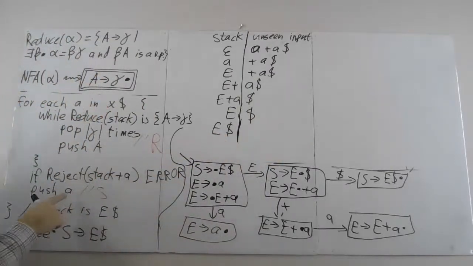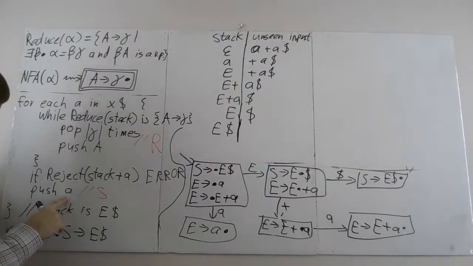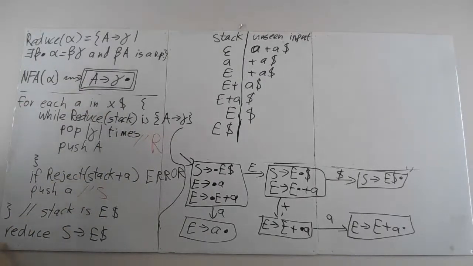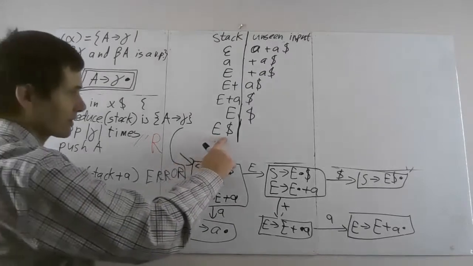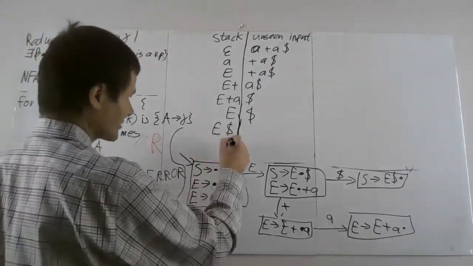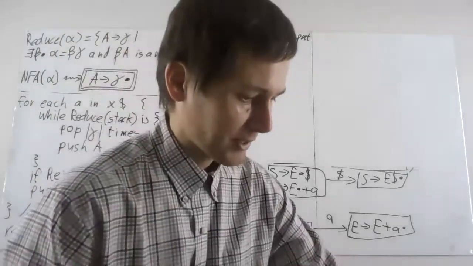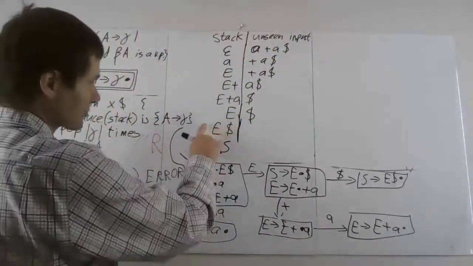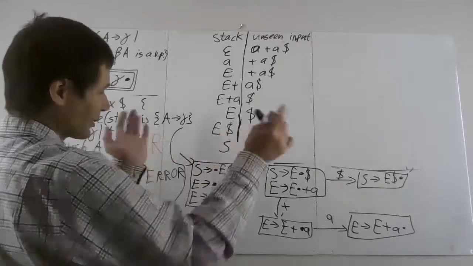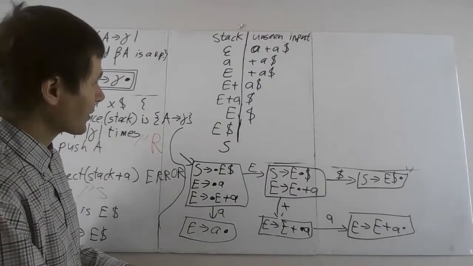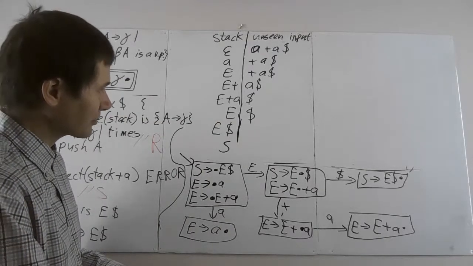I've pushed the $sign onto the stack down here, and then I got to the end of this loop, and then we talked about this in the last lecture. If you want, you can add an extra reduction step to turn the E $sign into the start symbol. But that last step is sort of optional. You might just want the tree to be rooted at E and ignore that $sign, right? Because that's just a marker for the end of the input.